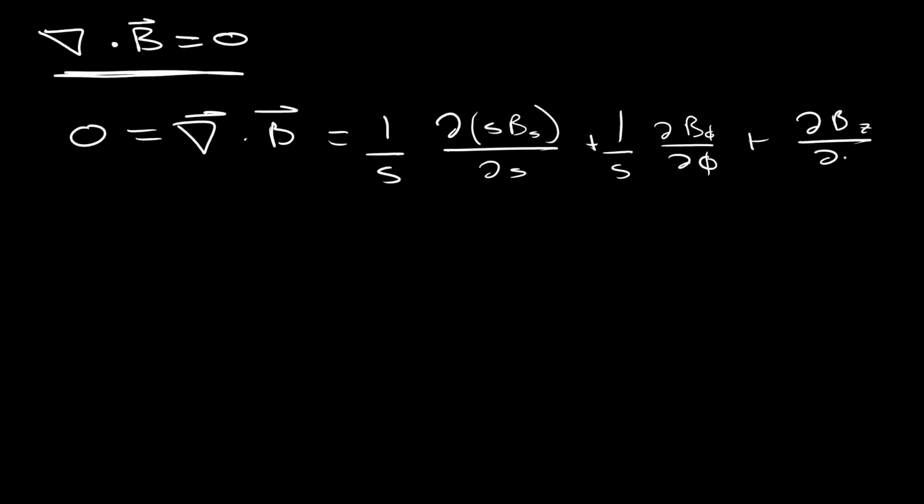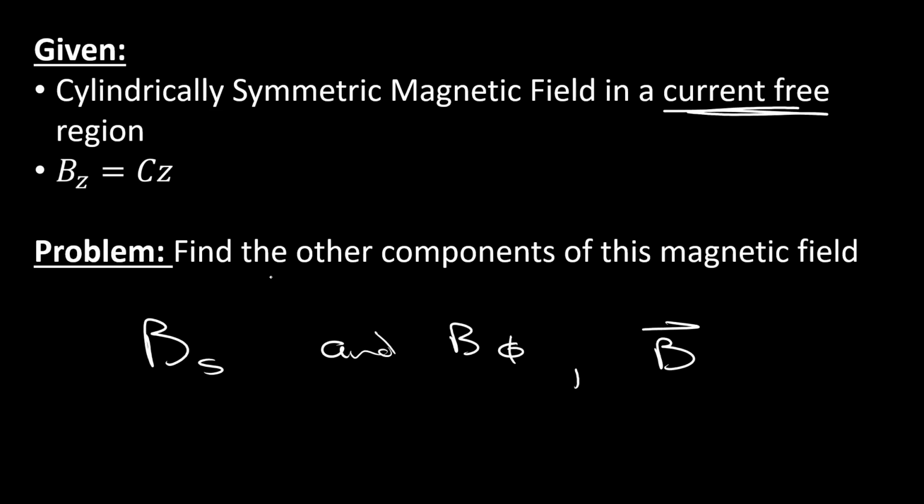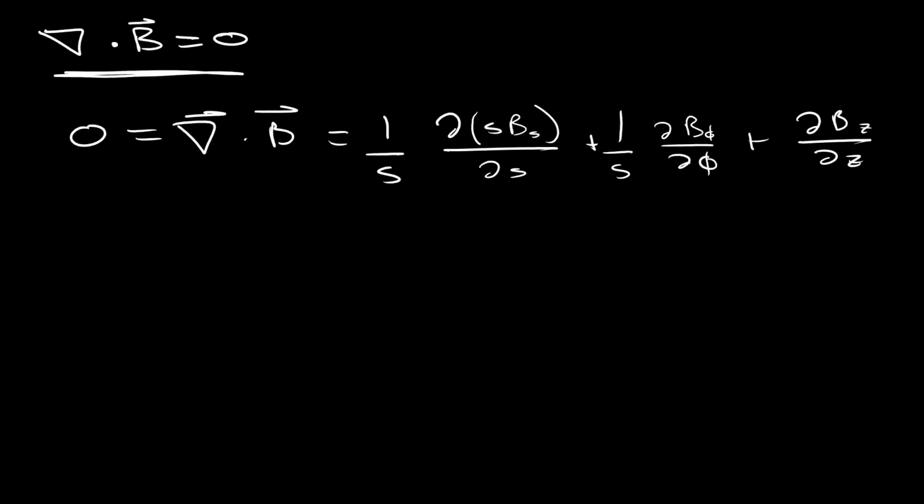And we know what B_z is. B_z is given right here as Cz. And so pretty simply, we know that this partial derivative has to just be C.